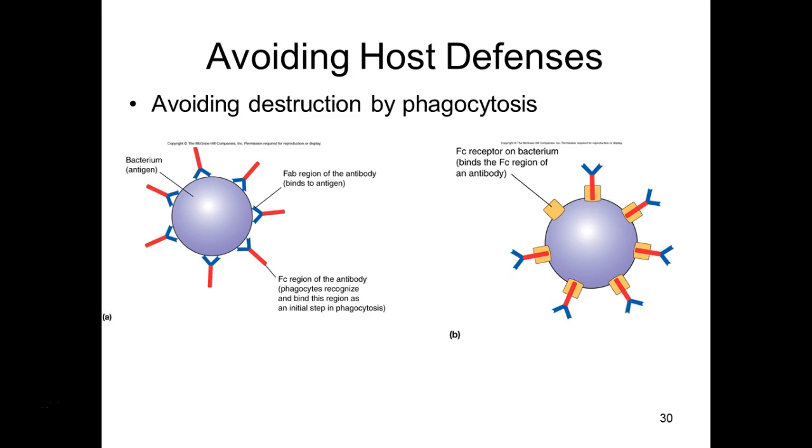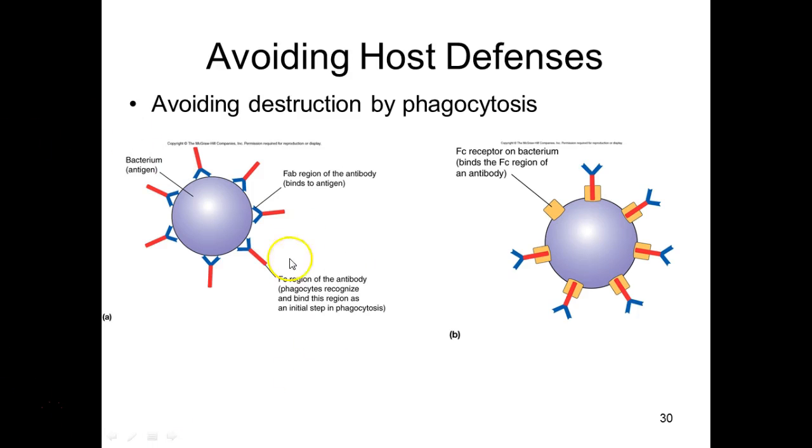So this is how antibodies should be attaching to a bacterial cell, or an antigen. We have our Fc portion sticking out so that our phagocytic cells can grab on, or maybe a natural killer cell can recognize it. Maybe complement can activate.